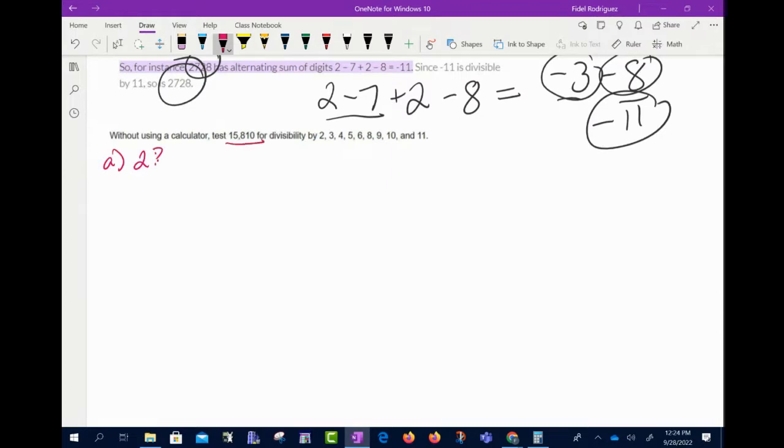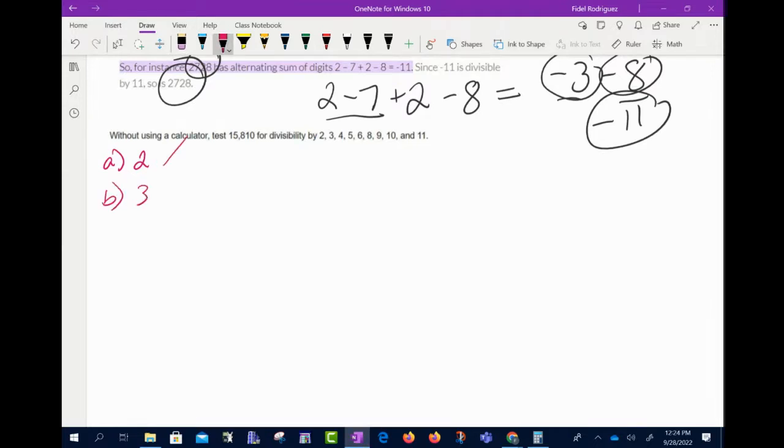In order for it to be divisible by 2, it has to be an even number, meaning it has to end in a 0, 2, 4, 6, or 8. So can we divide it by 2? Yeah, we can, right? Because it ends in a 0. So we're going to say yes.